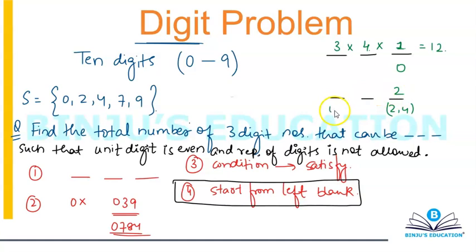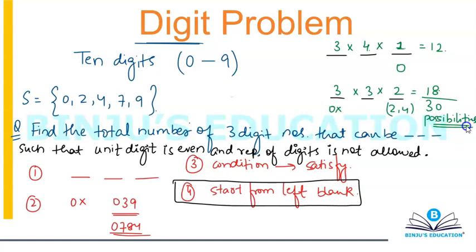And since 0 can't be used here, one of the numbers has already been used at the last position, which means I have only 3 digits to spare. 2 digits have been used, which means 3 more digits are left, which means we will have 3 into 3, which is 9, and 9 into 2, which is 18 more possibilities. So we will have a total of 30 possibilities in this case.